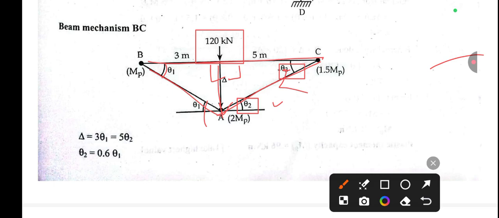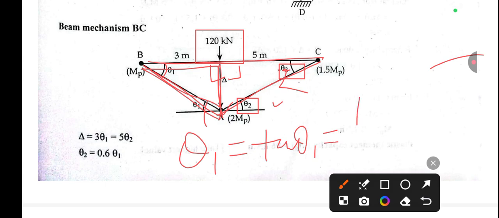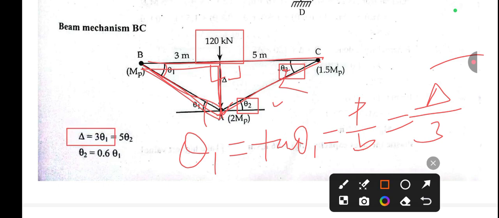In this right angle triangle, the value of theta 1 is nearly equal to tan theta 1, and tan theta equals p by b. It means the value of p is delta, and b is 3. So in terms of delta, delta equals 3 times theta 1.